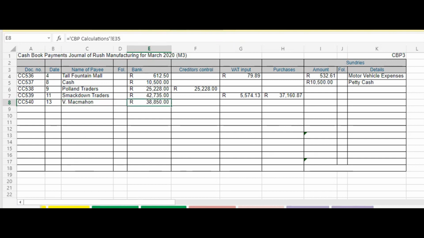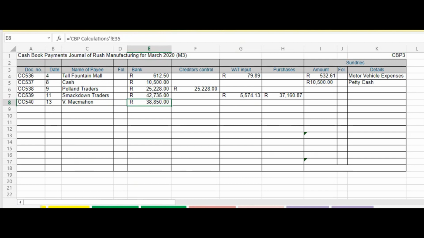We post a full amount in the bank account, even though we calculated the purchases first. After we calculated the purchases, we were able to calculate the VAT, and by adding those two up, we got to the creditors control, and really only then did we get to the bank account.